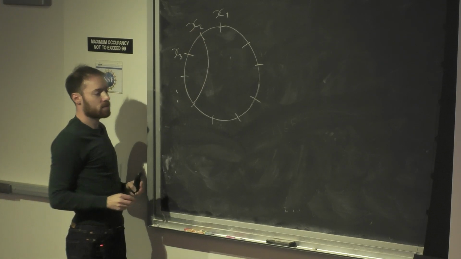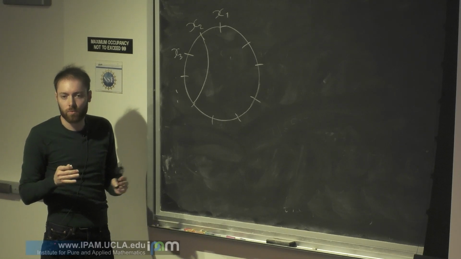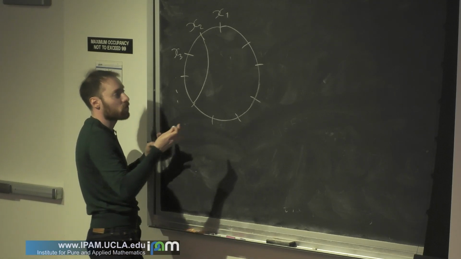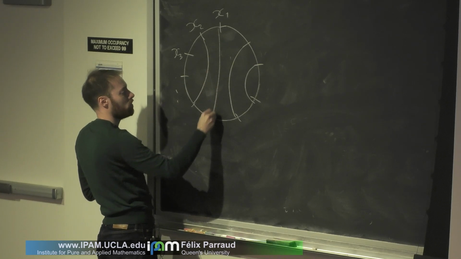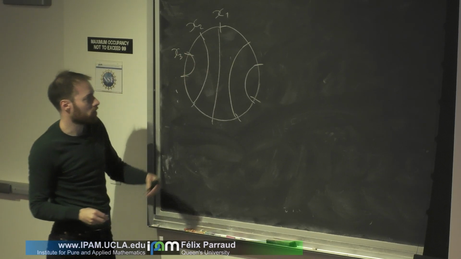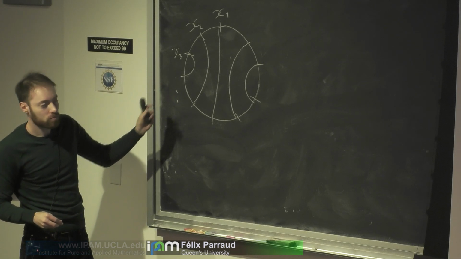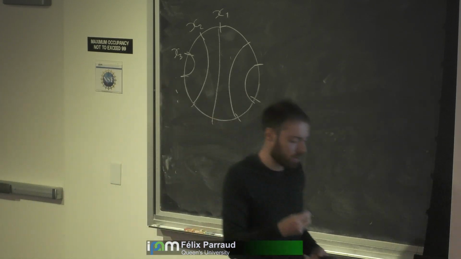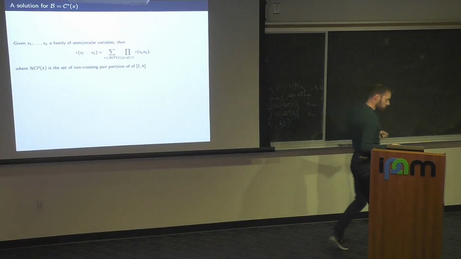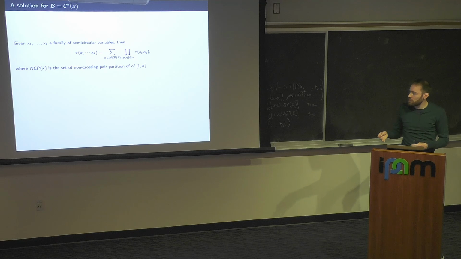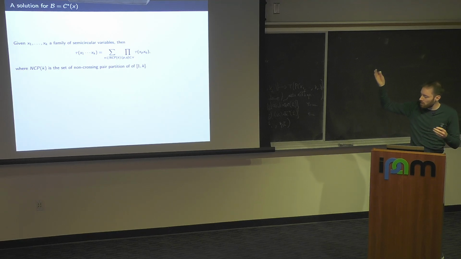And of course, you want to do it without having any crossing. Otherwise it would not be a non-crossing pair partition. So for example, that would be an example of a non-crossing pair partition. And you can do that for any non-crossing pair partition, and in the end you have to sum them and you will get the trace.